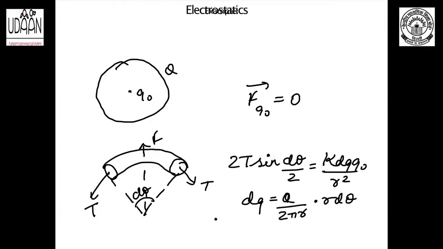Since it is a small element, sin(dθ/2) can be written as dθ/2. And further calculating, you can find out the value of T.